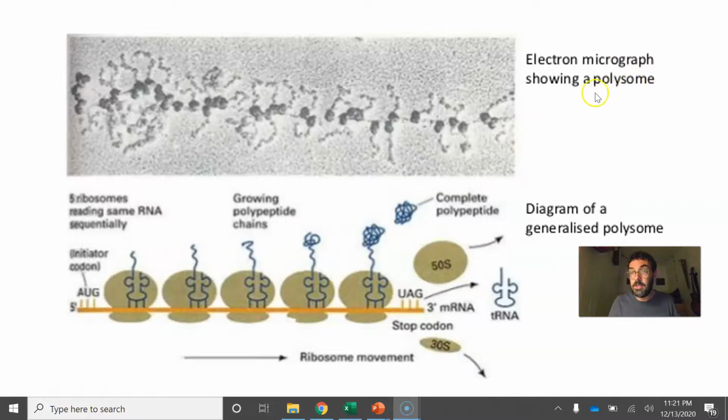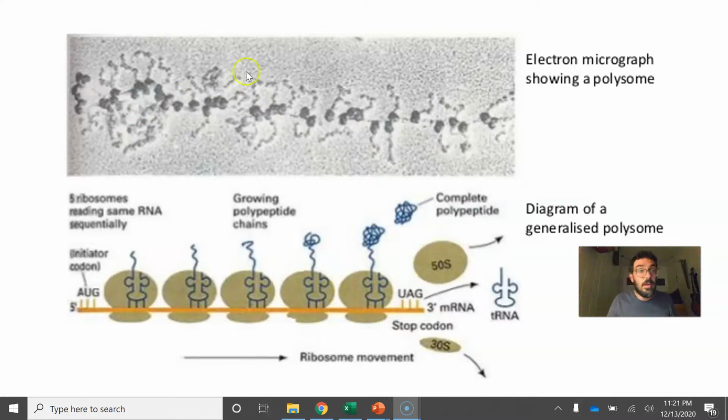A polysome is a collection of multiple ribosomes all working on the same mRNA strand at the same time. This is a picture of a polysome. It's a bunch of ribosomes all working on the same mRNA strand, or the same gene, at the same time.